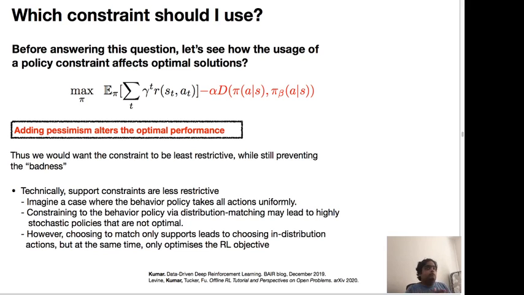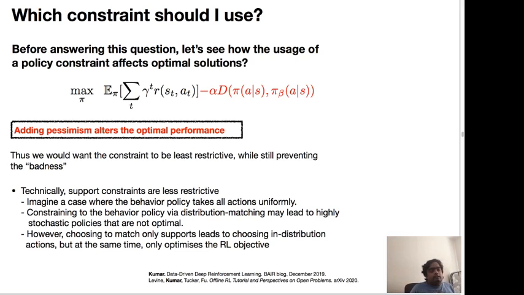It should have density over all the actions, because if it doesn't, then the divergence might be infinite. For instance, the KL divergence would be infinite if you don't have the same supports. However, depending upon the value of alpha that you choose in there, you might end up getting a solution that does not really optimize the RL objective, but is actually super bad, because it really tries to put most of its energy towards optimizing the policy constraint.